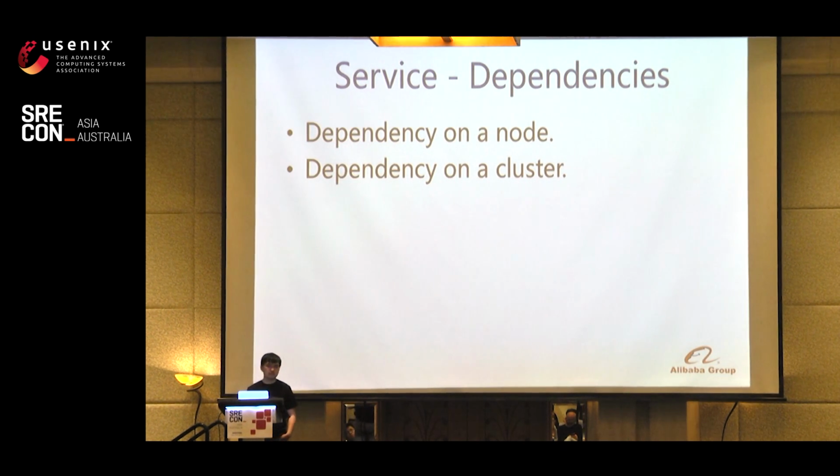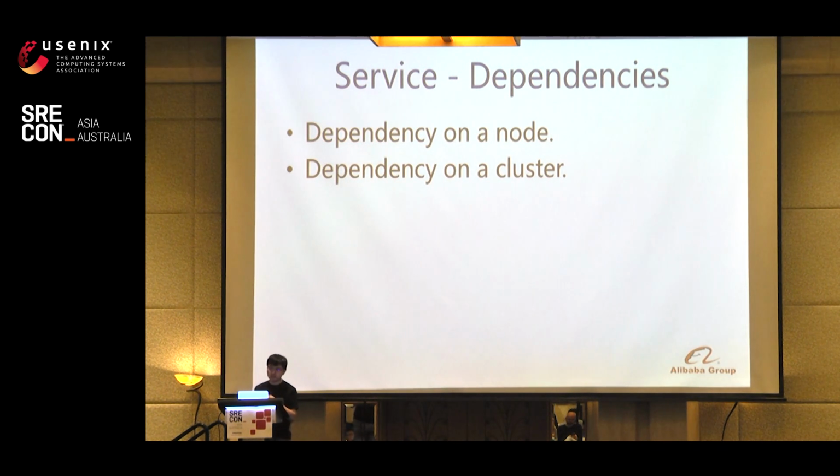And dependencies. In a distributed system, if we have dependencies, they are very complex. Here, I mentioned just two kinds of dependency. One is software service dependency on one node, which means in one server, a server role depends on another.